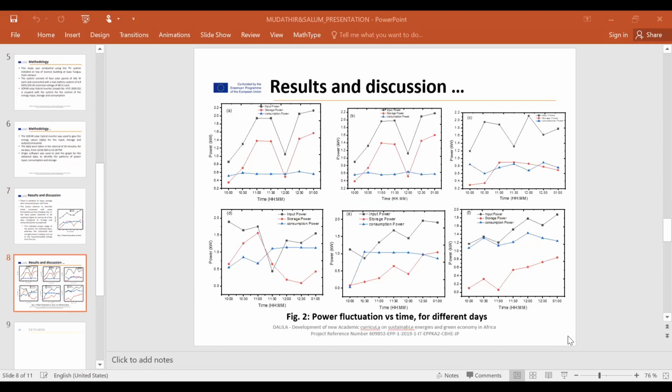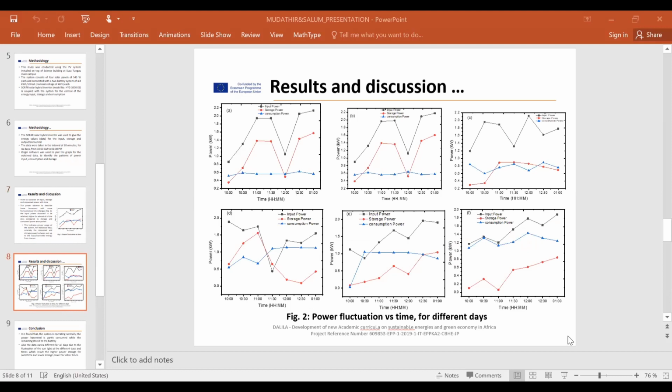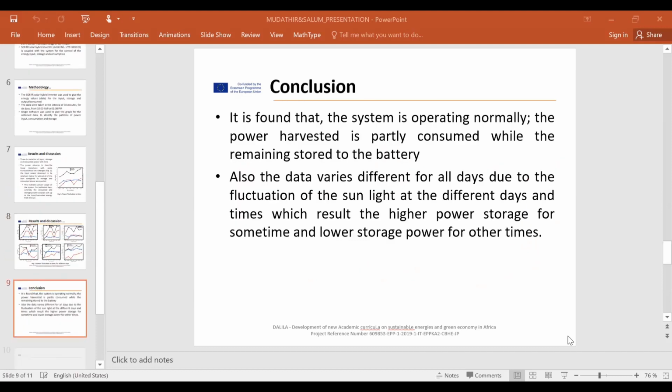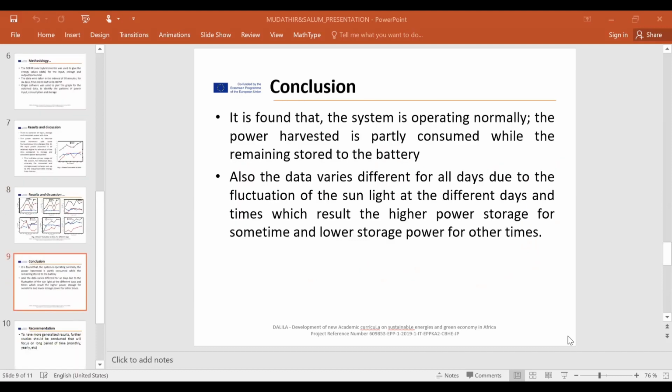For individual days, the graph shows how energy was input, consumed and stored, and we show the graphs separately. It is found that the system is operating normally.